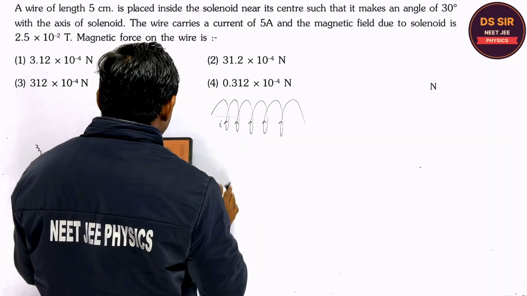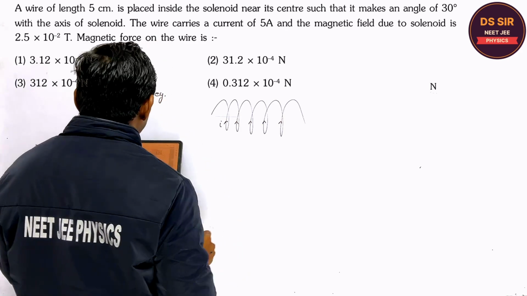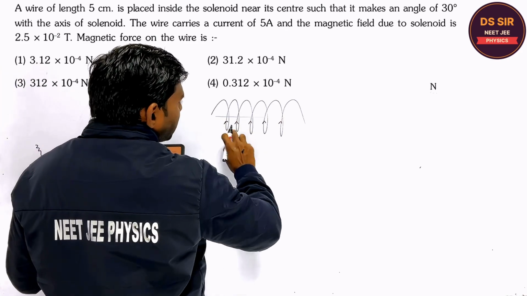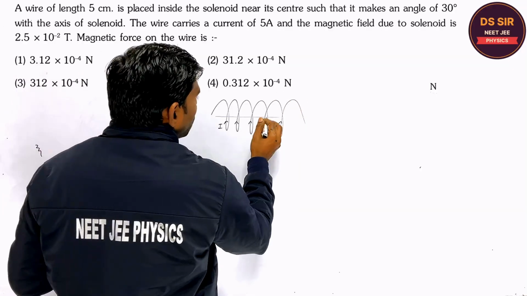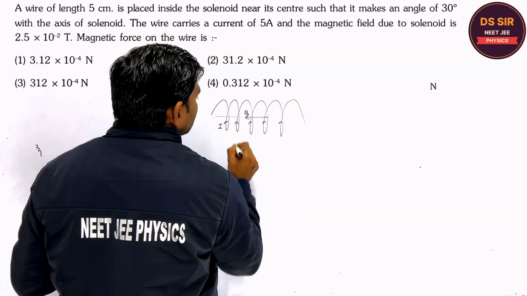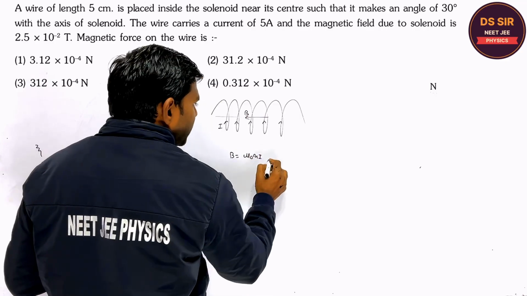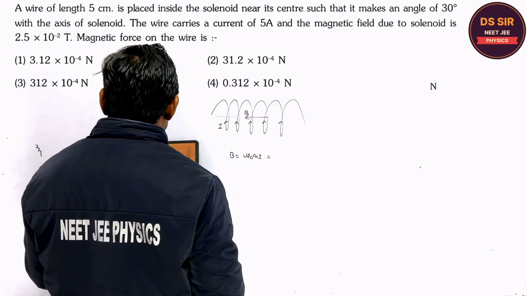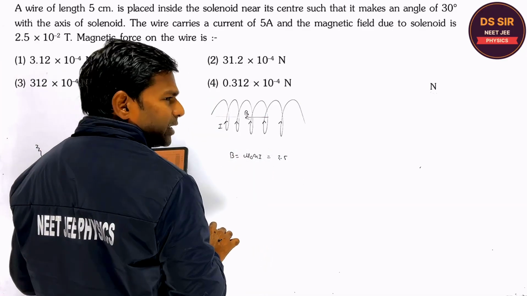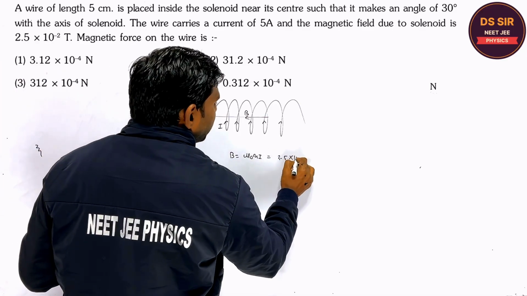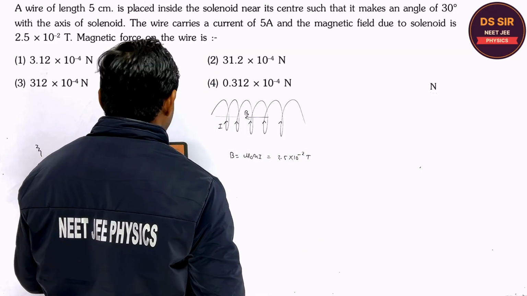The wire carries a current of 5 ampere, and the magnetic field due to the solenoid, listen, if this current capital I flows over here, what is the magnetic field produced? Although it is equal to mu naught N I, its value is given already in the question, and the magnetic field produced due to the solenoid is 2.5 into 10 raised to minus 2 Tesla. Is it clear or not?